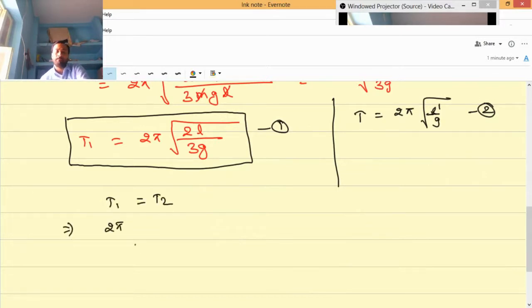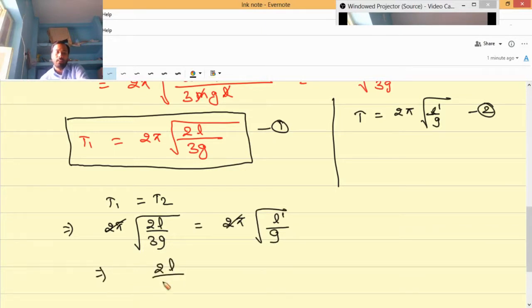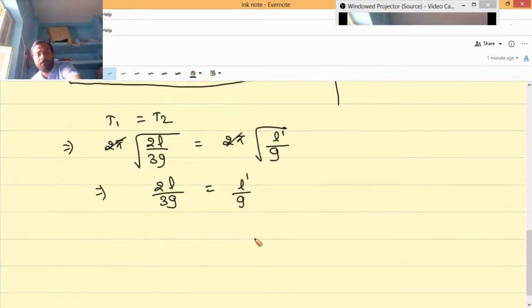So we can write 2 pi under root 2L upon 3g must equal 2 pi under root L dash upon g. The 2 pi and 2 pi cancel. We get 2L upon 3g equals L dash by g. So from here the L dash value will be 2 by 3 L.